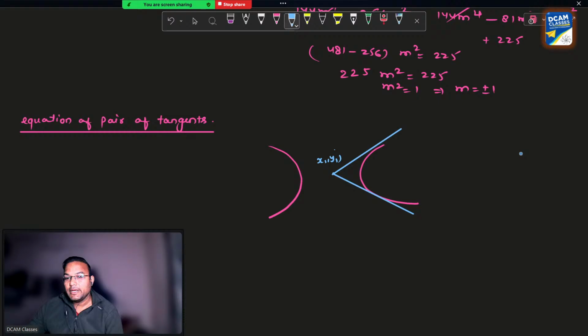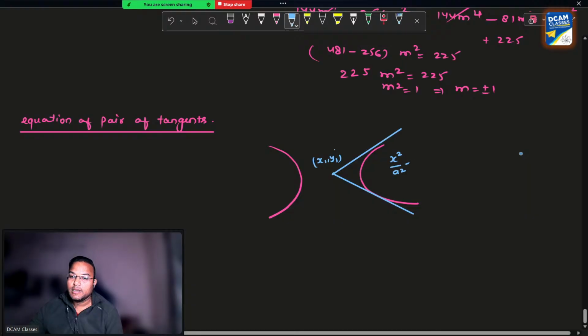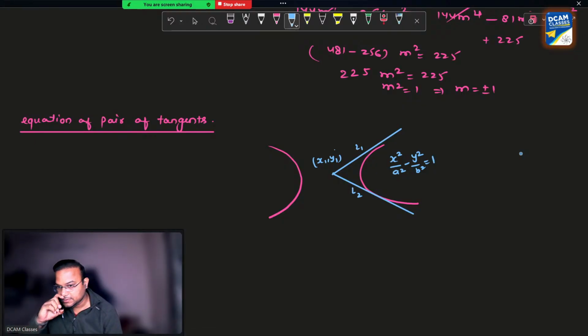From a point to a parabola, to a hyperbola, if I draw two tangents L1 and L2, then you have this equation, SS1 is equal to T square.